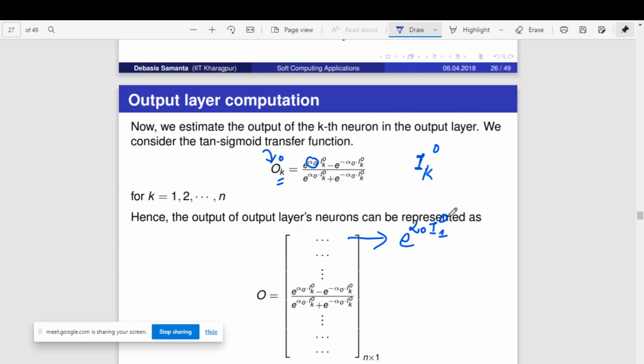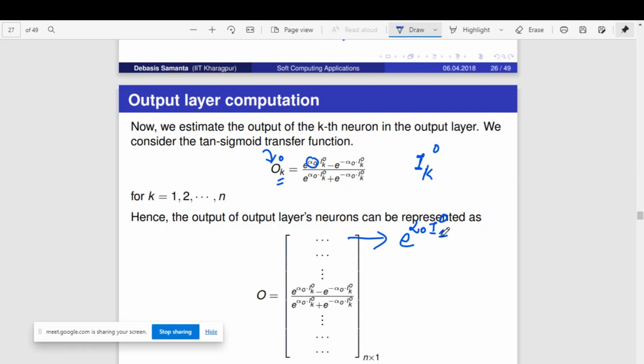So this is not 0, this is O. O represents the output layer, and I represents the input. So it is the input to the first neuron of the output layer.